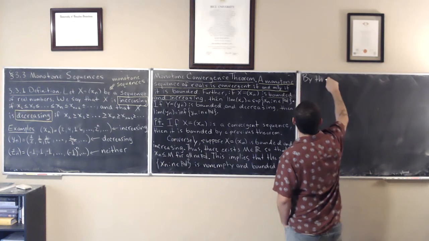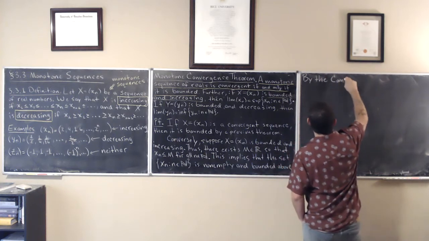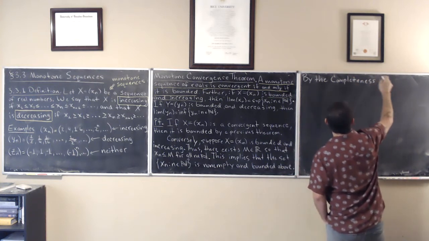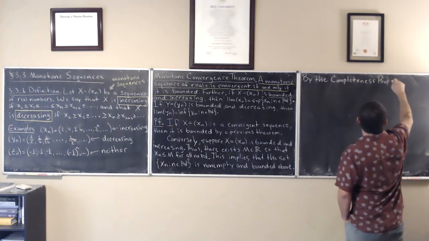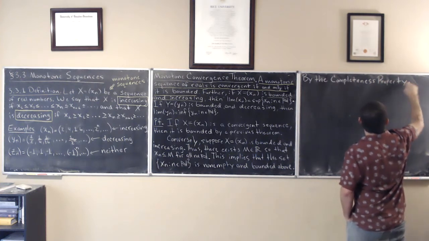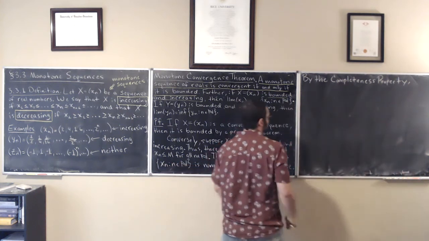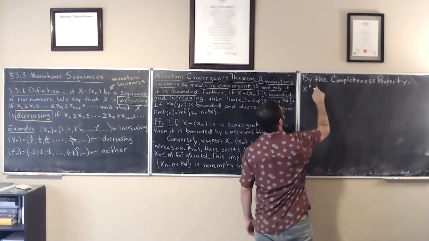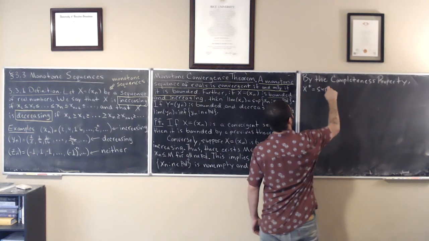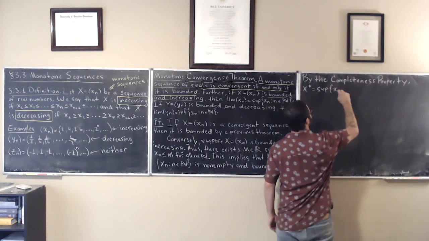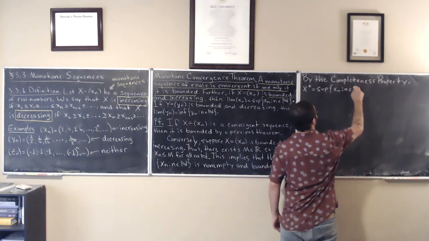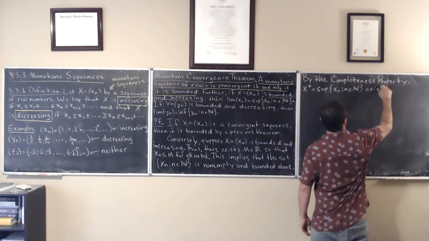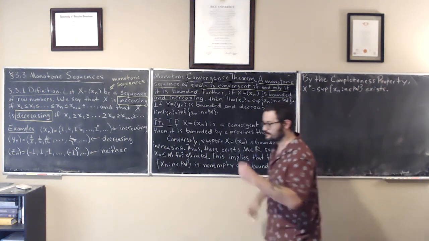By the completeness property, the supremum of this set exists, and we're going to denote that by x star. So this exists, and it exists in R. It's some element of the real numbers.